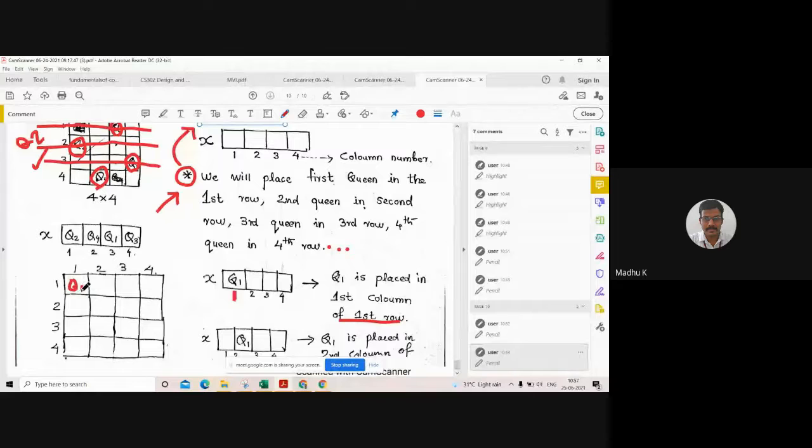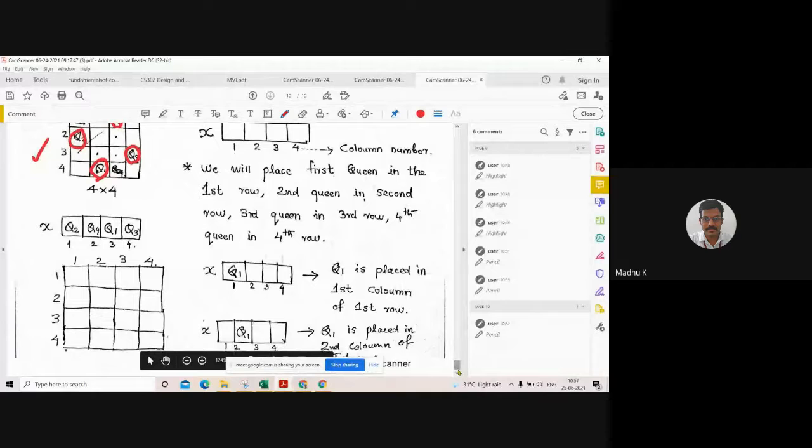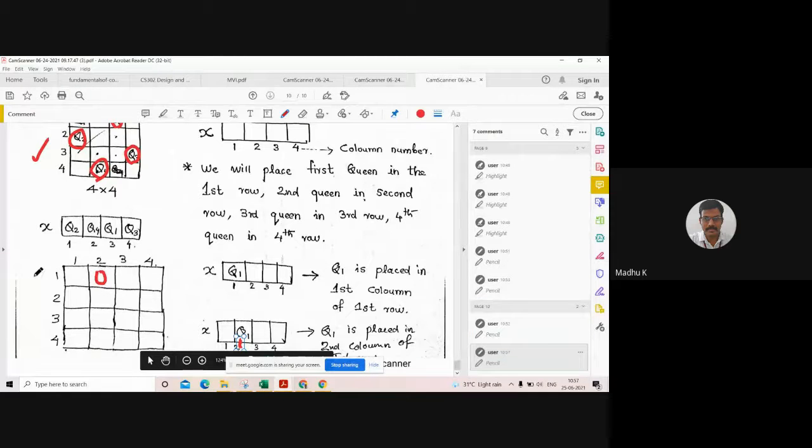This is very important. Similarly, suppose I write q1 in the second place, what is its meaning? q1 comes in the second column. q1 will always be in this row only, and since I wrote q1 in place 2, it will come here.